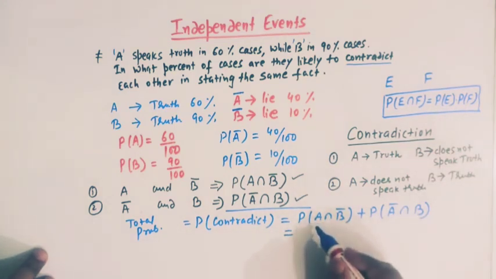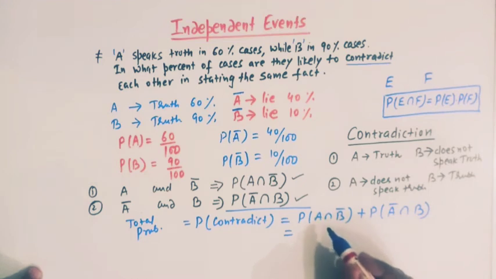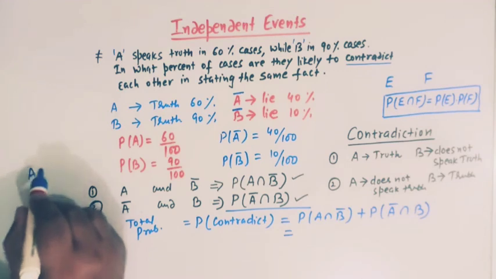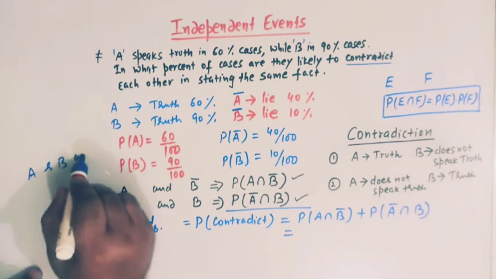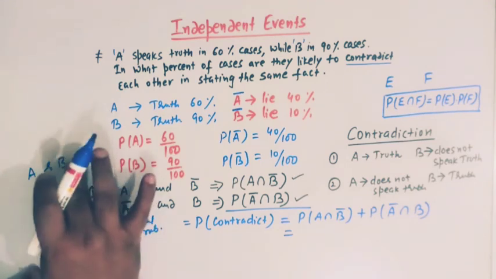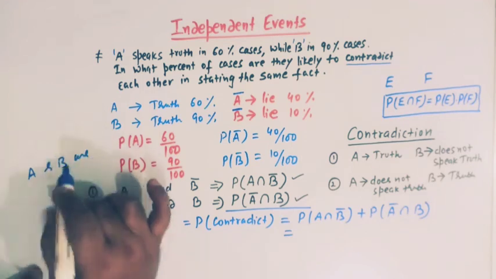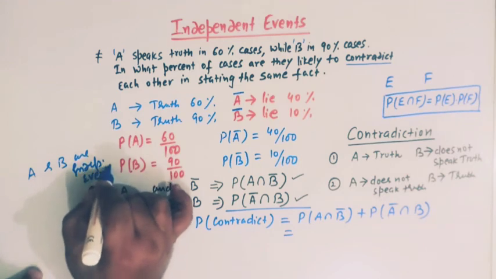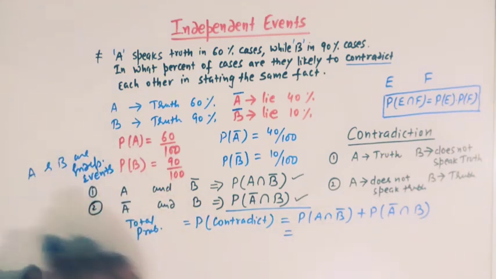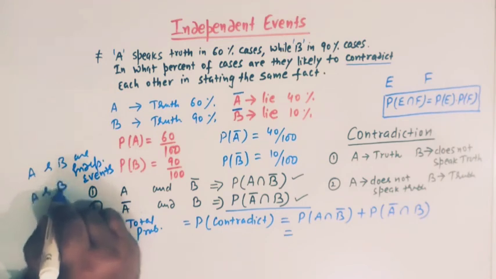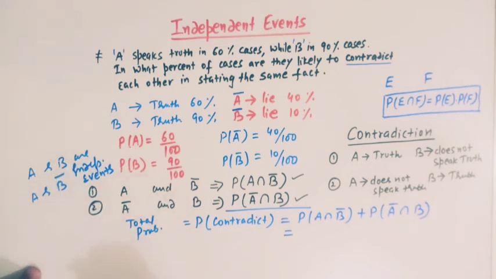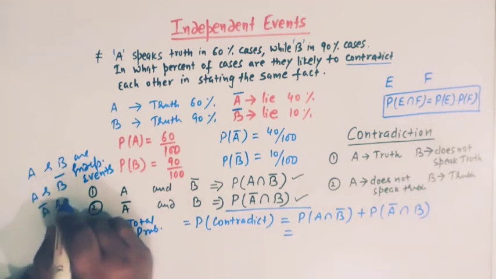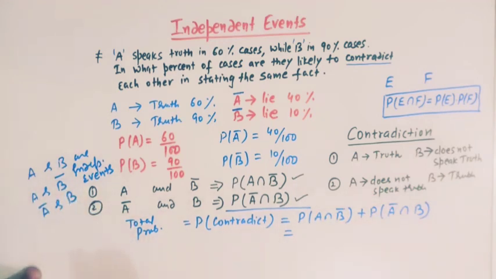One important thing: if A and B are independent events, then A and B complement are also independent events, and similarly A complement and B are also independent.